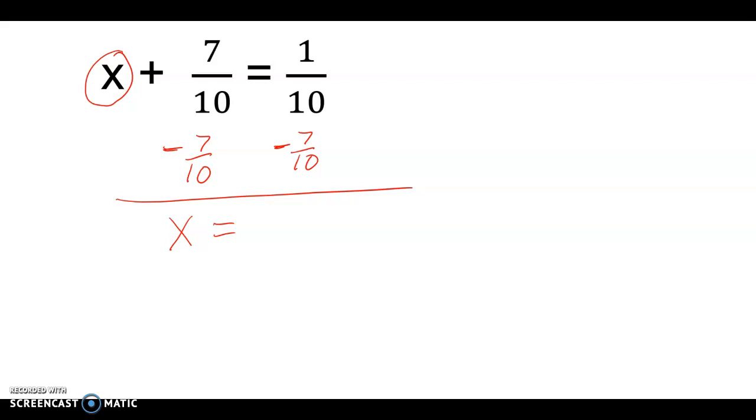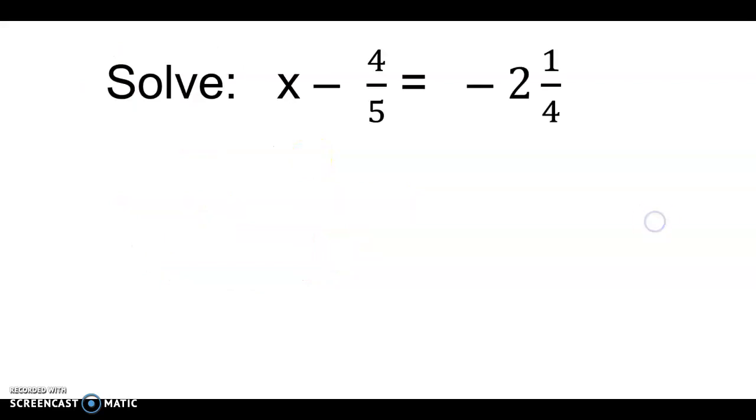And it'll simplify and do everything for you. You should end up with -3/5. If you didn't get that, you might not have simplified if you got -6/10, or you forgot the negative sign. So there's a bunch of mistakes you can make, but with a calculator, it's pretty easy. 1/10 minus 7/10.